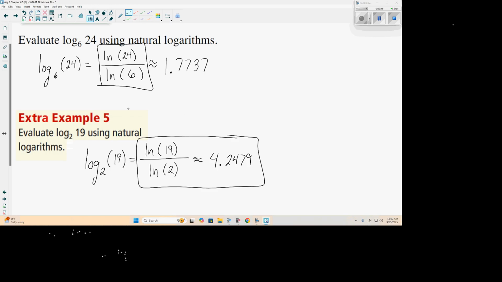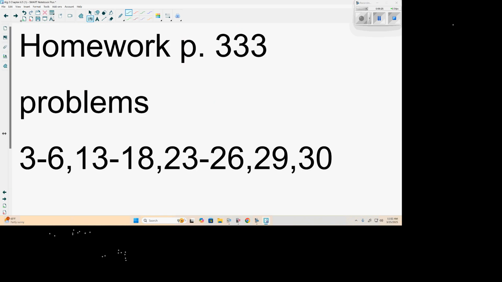But if it asks us just to write it in natural logs or common logs based off the change of base, then it would be that. Evaluating, it's just wanting the value. So really, you could use the graphing calculators, do log base and find it. But I think it's a little bit nicer to just change the base and type it in with the 30x. But that's it.